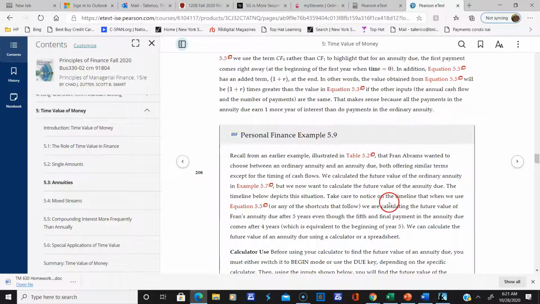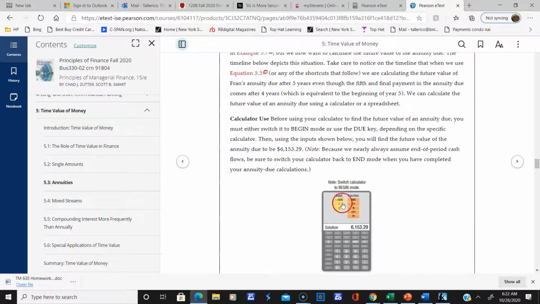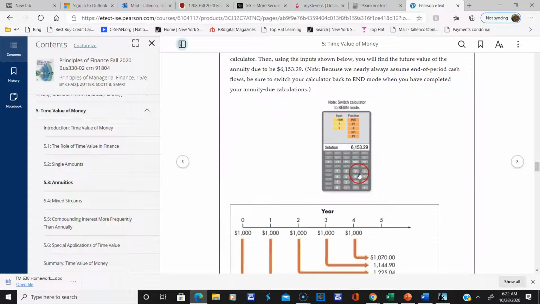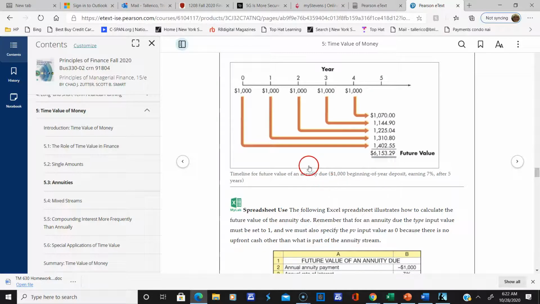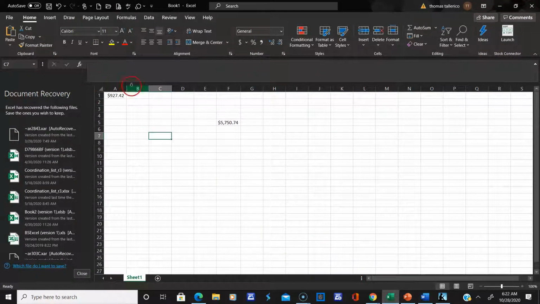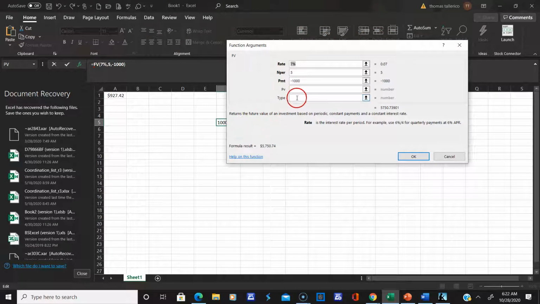Okay, here is the personal finance example of that, and they're using the calculator that I showed you here to get the future value. But the important thing is the spreadsheet used to get the future value of an annuity. Now you just pop all the numbers in the way I previously showed you. The only difference is, to tell it it's an annuity due, watch what I type in here. See the word type?